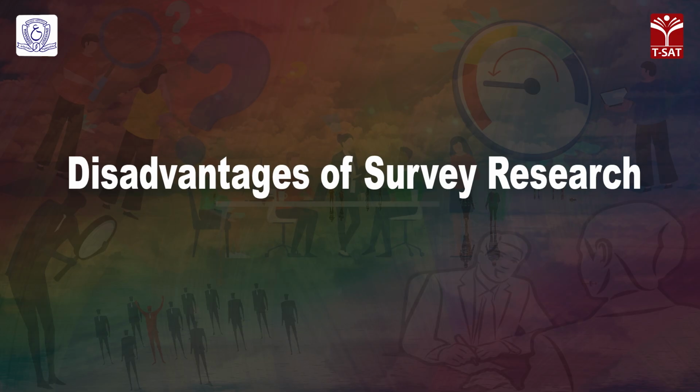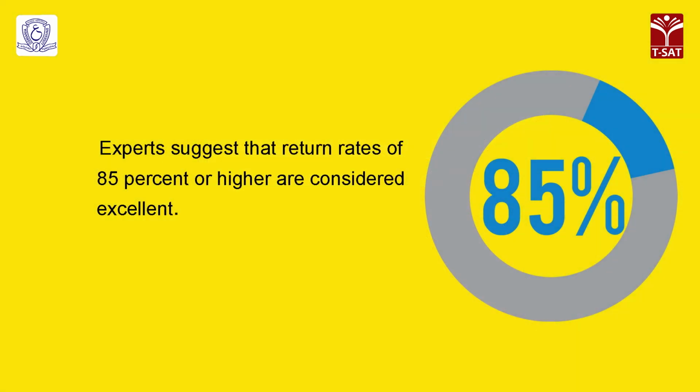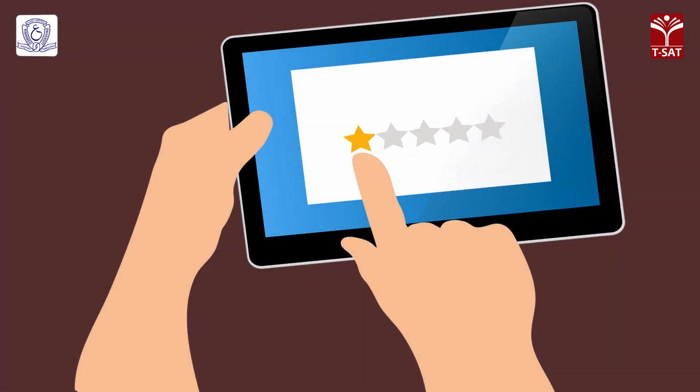Disadvantages of survey research are: one potential problem with written surveys is the non-response bias. Experts suggest that return rates of 85% or higher are considered excellent, but anything below 60% might have a severe impact on the representativeness of the sample. Poor survey construction and administration can undermine otherwise well-designed studies.